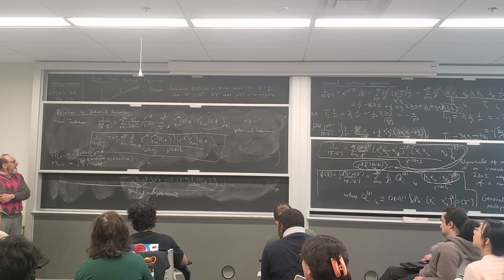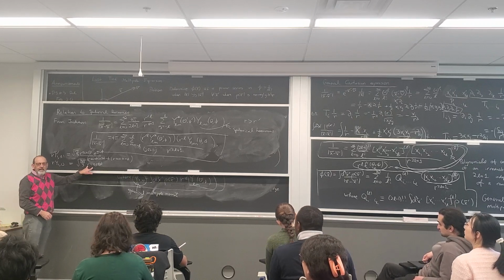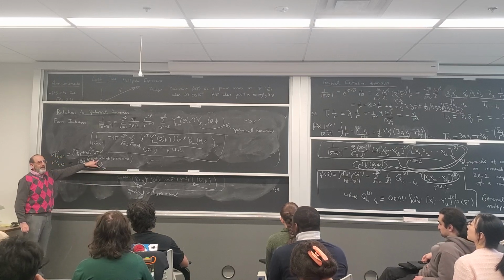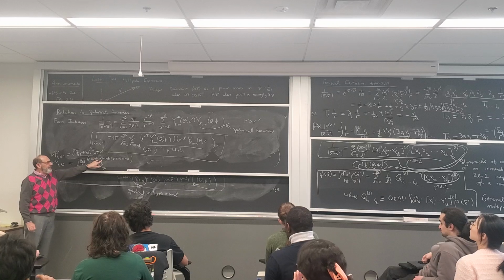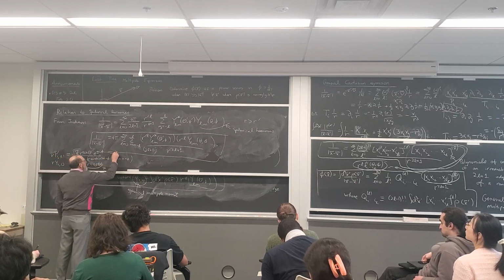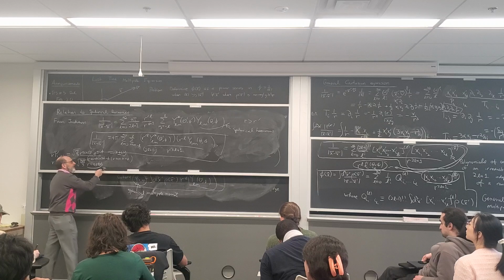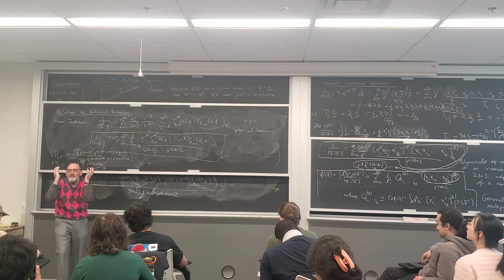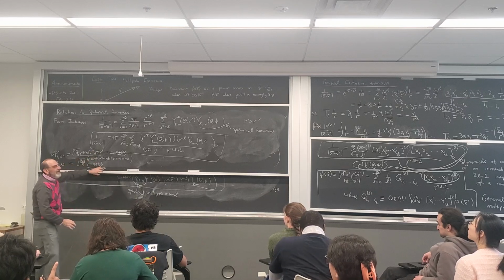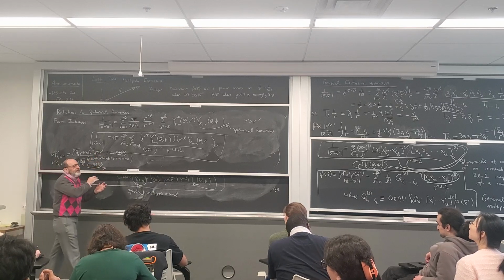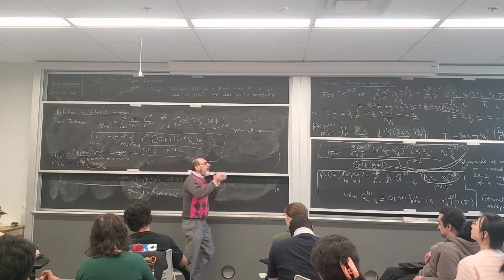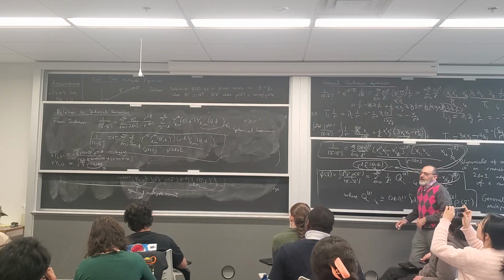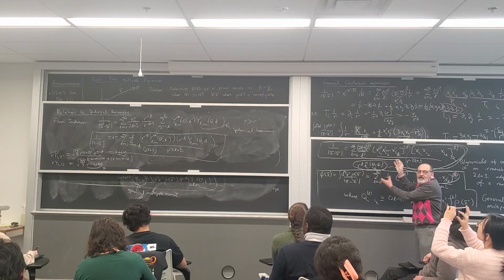Does anyone recognize that? What is r cosine theta? Z. What is r sine theta cosine phi? X. And Y. So this is x plus or minus i y, and this is z. This is how you should think about the spherical harmonics. They are components related to polynomials in z and x plus or minus i y. This is the same thing except it's the real and imaginary parts of that.